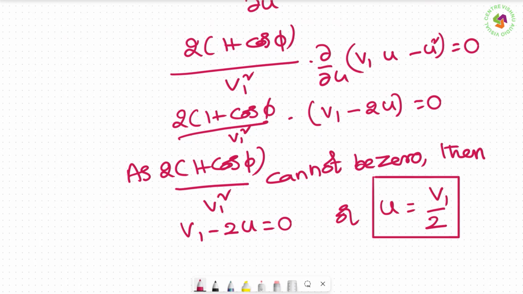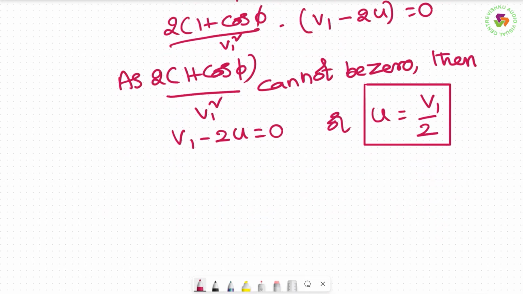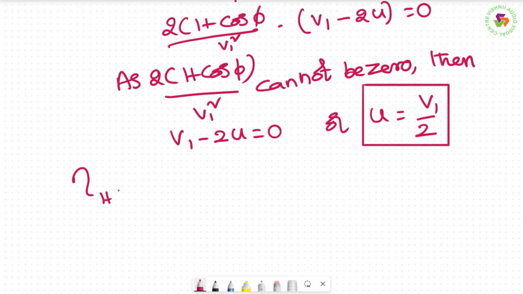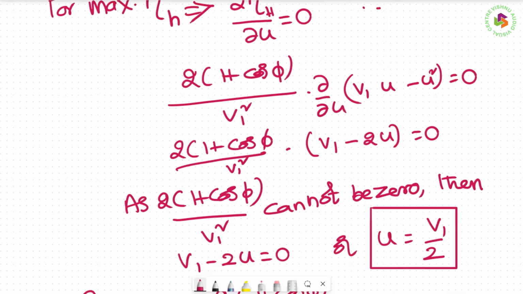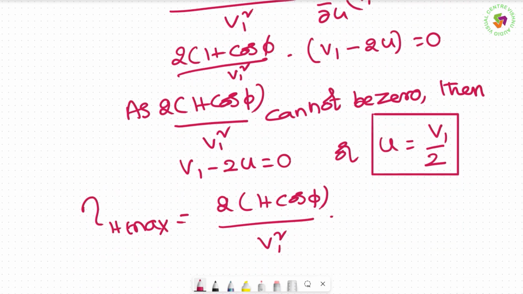Therefore, maximum efficiency is equal to 2 into (1 plus cos phi) by V1 square into (V1 U minus U square).